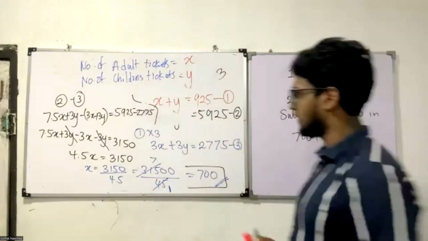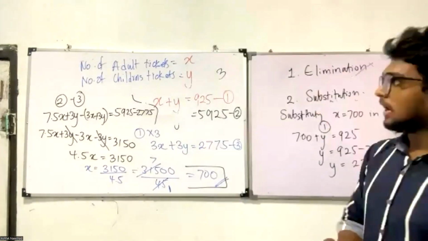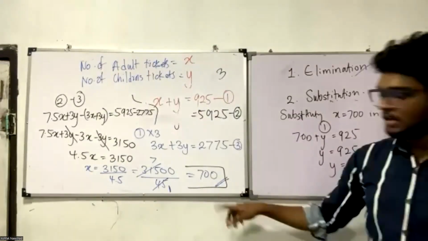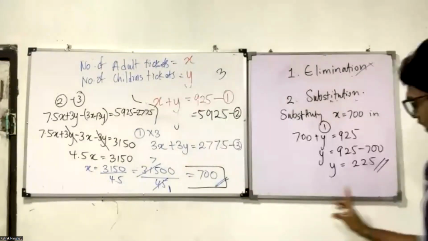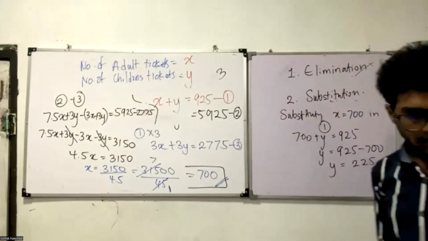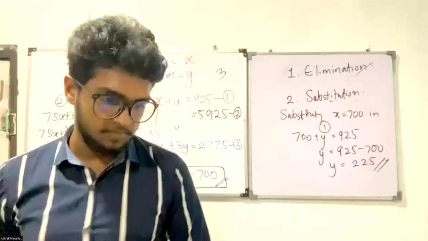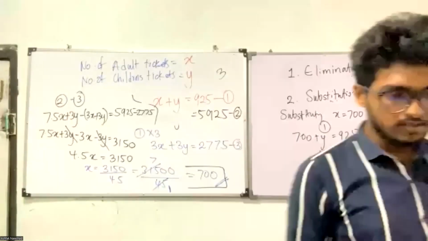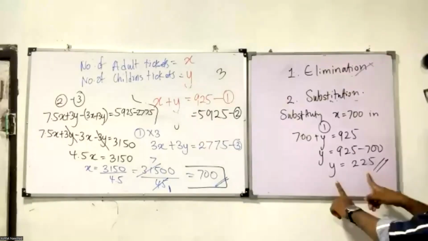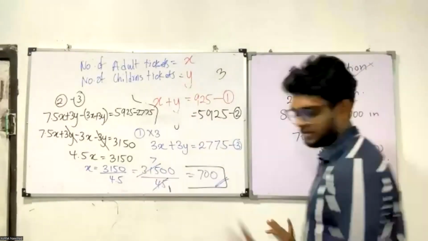This is not the final answer. You must write number of adult tickets equals 700, and number of children's tickets equals 225. If you took x for children and y for adults, that's all right. You will get x equal to 225 and y equals 700.